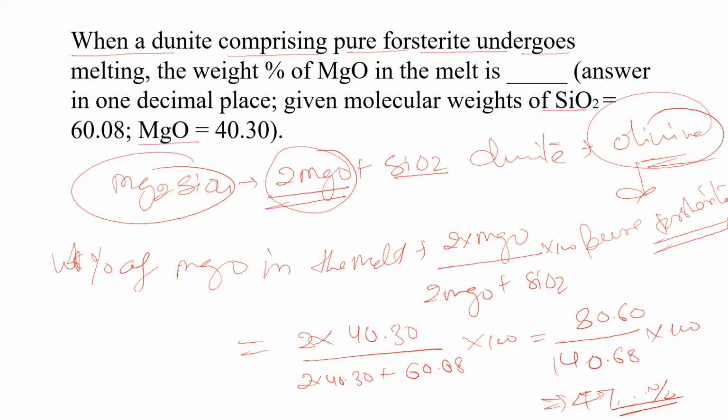So it's very easy actually. I'm going to solve it out. 80.60 divided by 140.68 is 57.29, right? Not 47. Once you solve, you get the answer.